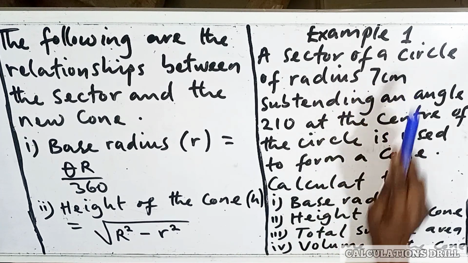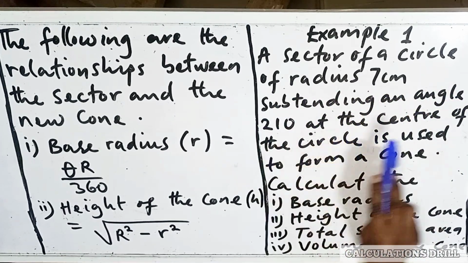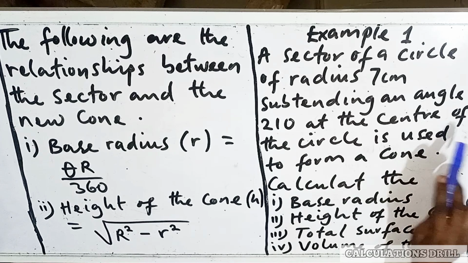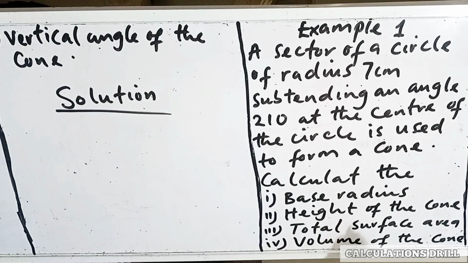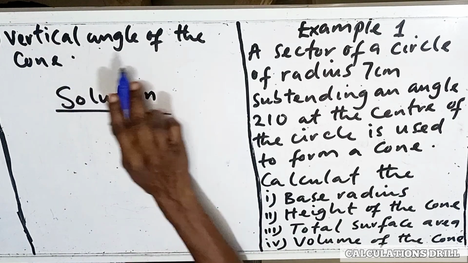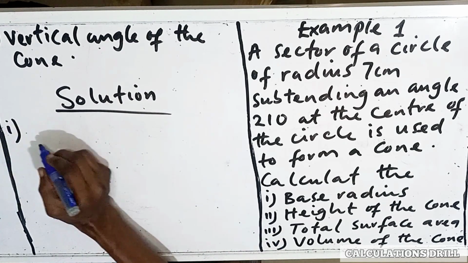Let's see an example. In this example, we are asked to calculate the base radius, the height of the cone, total surface area, volume of the cone, and also the vertical angle of the cone. So we are starting with the first one, base radius.